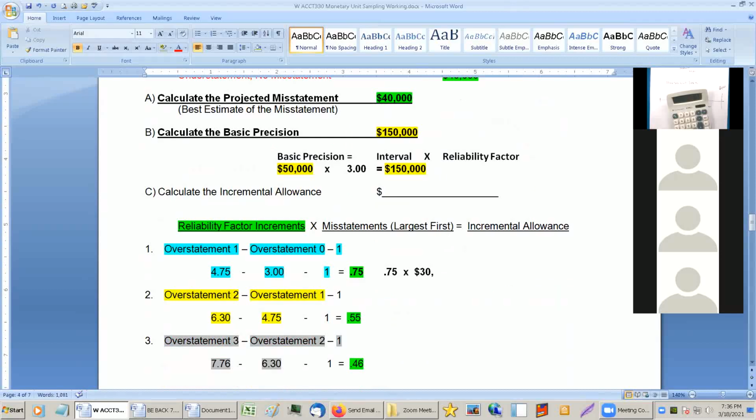So we take the biggest misstatement first. So 30,000 times 1.75 is 52,500.